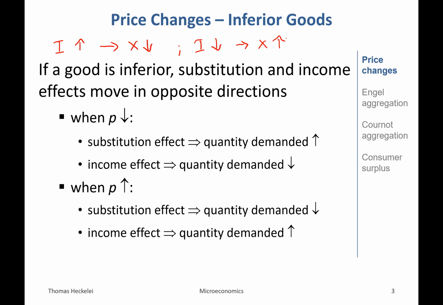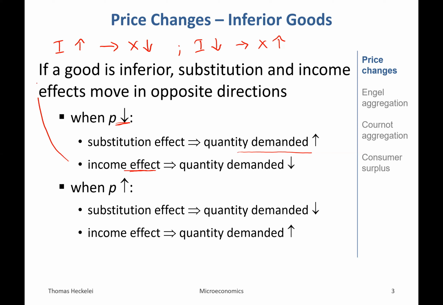How would it work when the price decreases? The substitution effect is always the same for either normal goods or inferior goods. When the price decreases, quantity demanded increases. You prefer it more than other goods when it gets cheaper. That's the first thing. However, the income effect now works in a different direction.